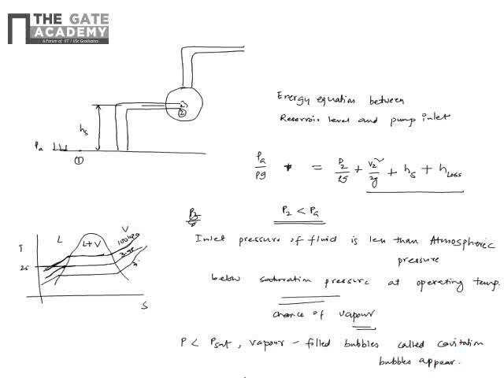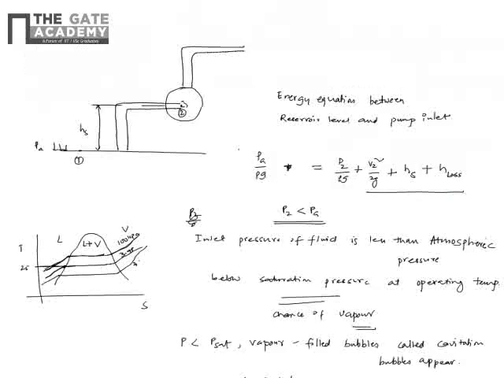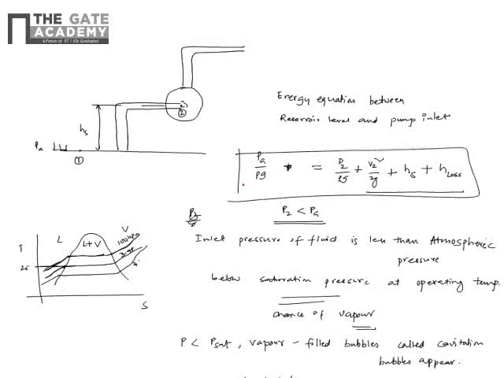There's a local boiling of the liquid which leads to this vapor formation, and this happens only on the suction side of the impeller. For a centrifugal pump, there's a chance of cavitation only on the suction side. If you write the equation from the reservoir to the suction, you will get to know this, because then the head is applied and the pressure increases from the suction to the delivery. At delivery, the pressure is always above atmospheric pressure.